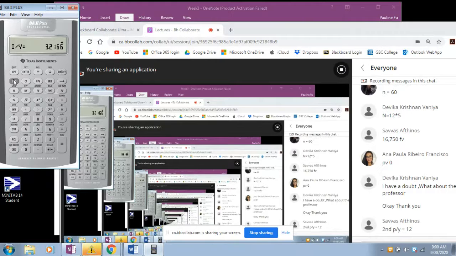Before you do second PY, second quit to clear any previous entries. Now second PY, fantastic. PY equal to 12, down arrow key, CY equal to 12, then second quit. Now what do I do next?